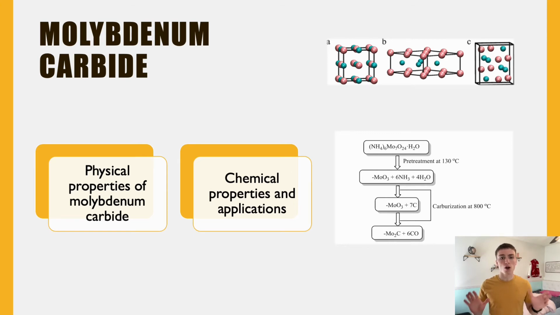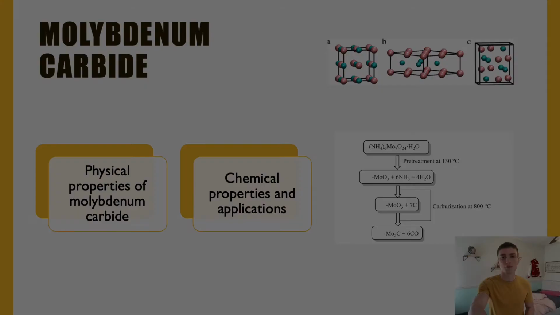So these are all hydrogen evolution reactions that we can perform with molybdenum carbide nanoparticles. And finally, we can perform electrocatalytic reactions with molybdenum carbide. So it is a very diverse carbide nanoparticle compound that has many industrial and chemical uses.